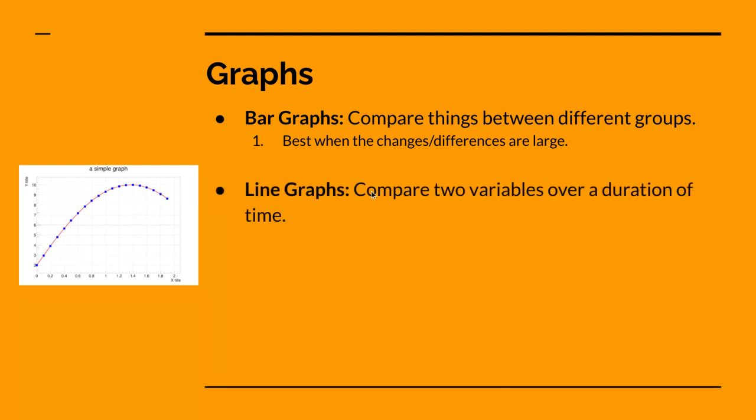Okay. Line graphs, these compare 2 or more variables over a duration of time. Okay, so these are used to see how something changes over that time period. And these 2 are the most common, obviously, and this is why we focus so much on them, because bar graphs and line graphs are so commonly misinterpreted and also misused.